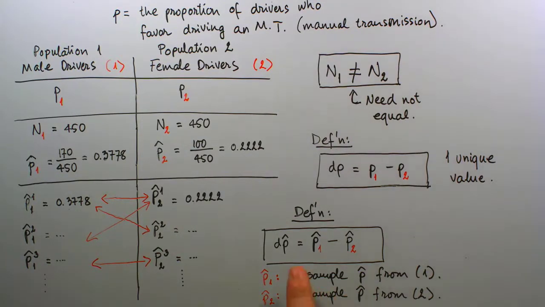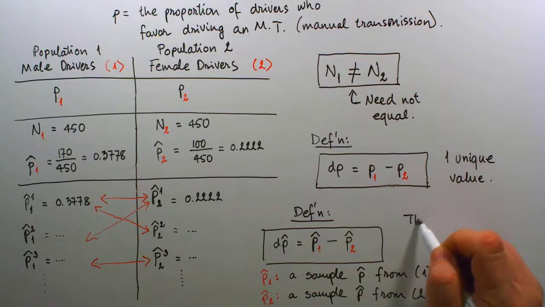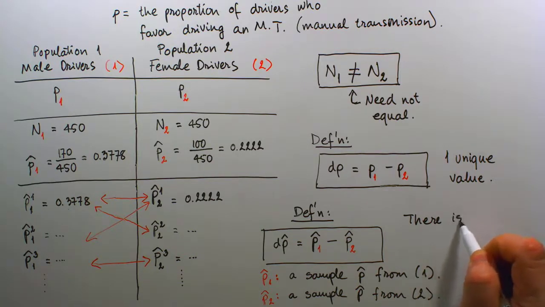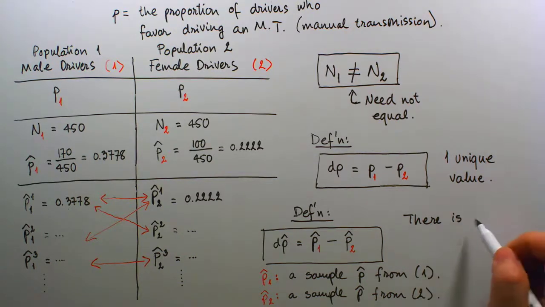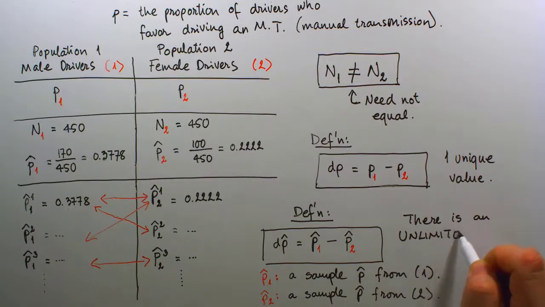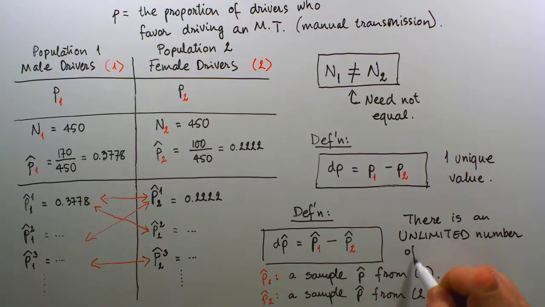But on the other hand, this dp hat right here, the difference of any sample from population 1 with a sample from population 2, quite opposite from dp, this is the truth about the value for dp hat right here: there is an unlimited number of values for dp hat.